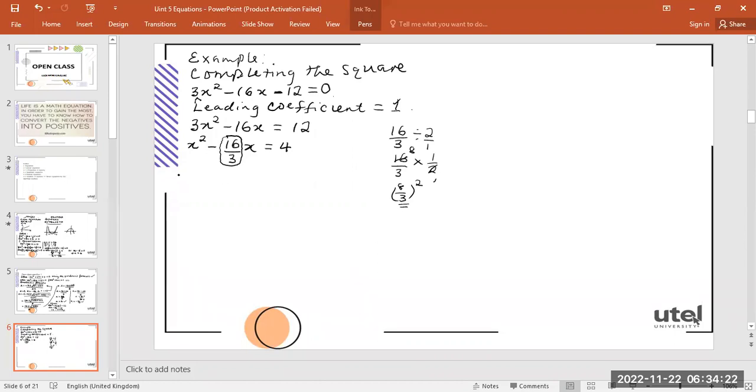It then means our expression is going to be x squared minus 16 divided by 3 x plus, we'll now add 8 divided by 3 squared. We'll also add 8 divided by 3 squared to the right-hand side. So 4 plus 8 divided by 3 squared.